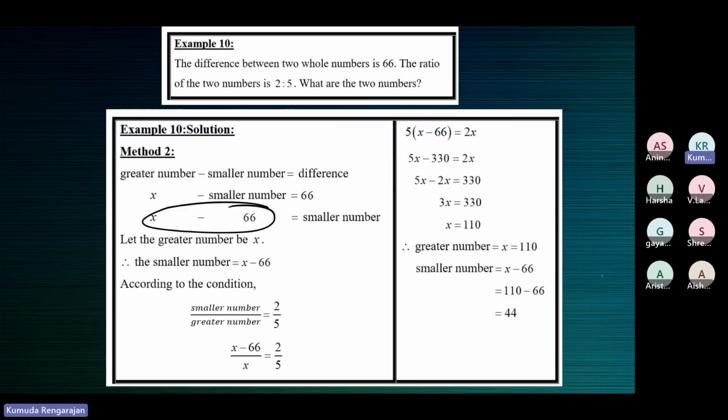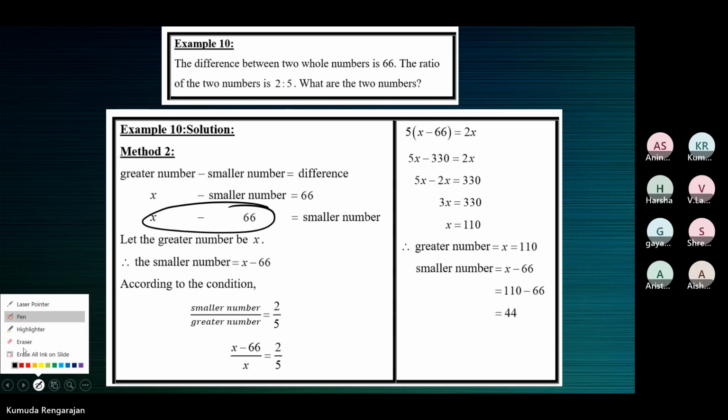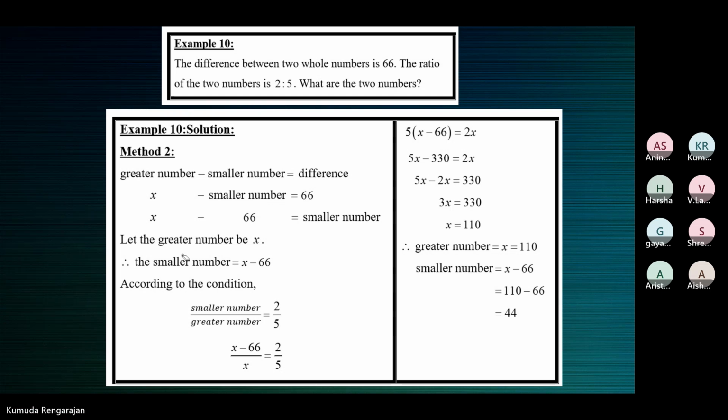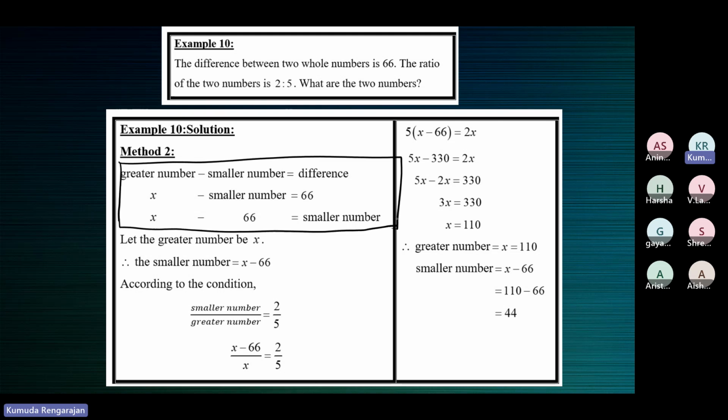All right. So here is the other method. So in all, now you have 3 methods. Here this is the rough work, which can also be shown as a part of the main working. Okay, this is very important.